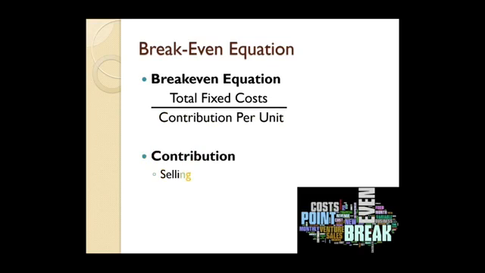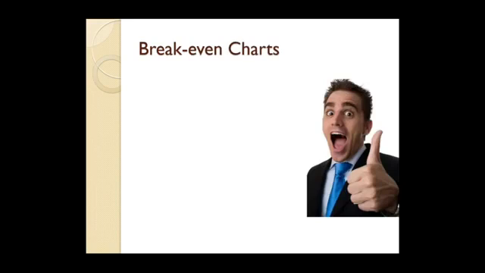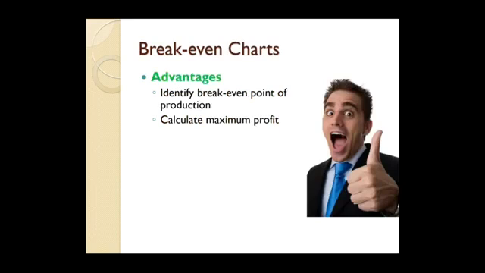So if we apply the rule, the fixed cost was 30,000, and the selling price was 10 minus 5, so 30,000 over 5, the number of units produced will be 6,000 tires per year. At 6,000 tires, the business will make no profit, no loss. At 6,001, the business will start making profit. We'll illustrate this using an example.